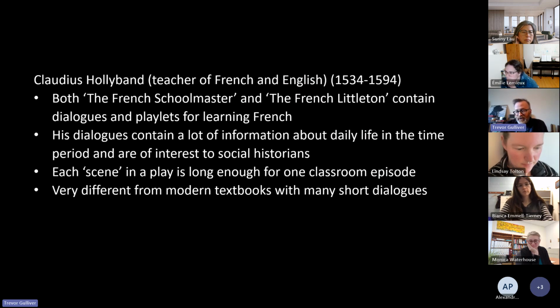These contained dialogues and plays for learning English, and the plays and dialogues would talk about things that were happening at the time. He tended to have really long scenes that would involve all of the students in a class. You could have various things happening in different parts of the classroom, one after the other.